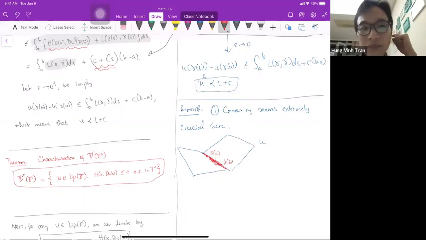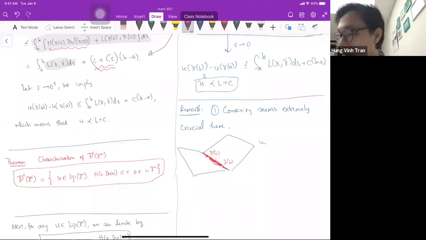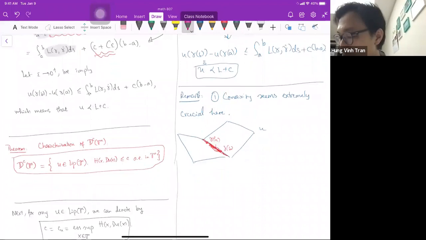Anyway, actually I also want to discuss this thing that some of you have also asked me, to what point you can relax the convexity assumption.